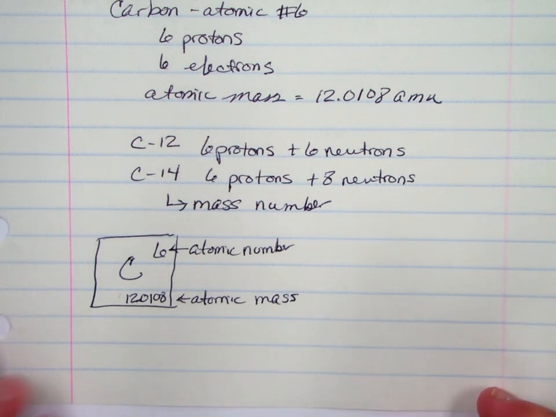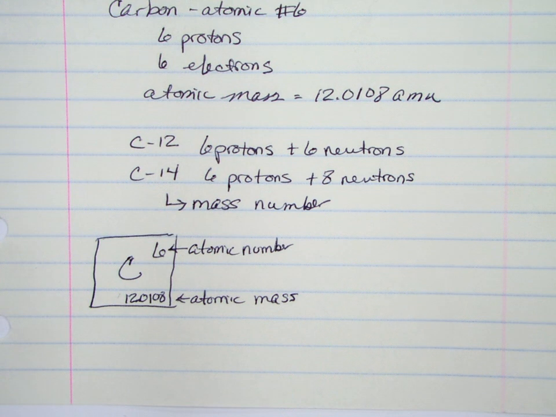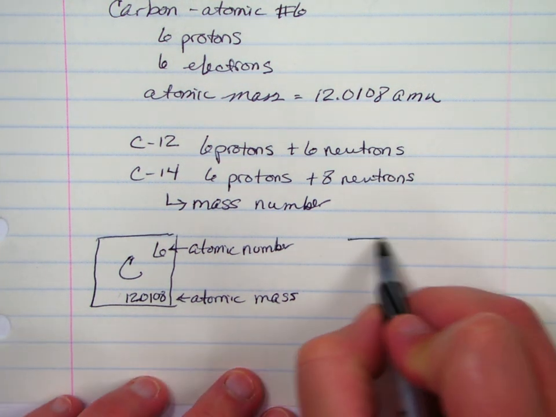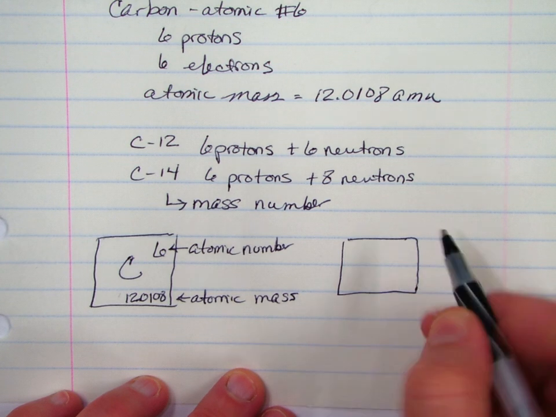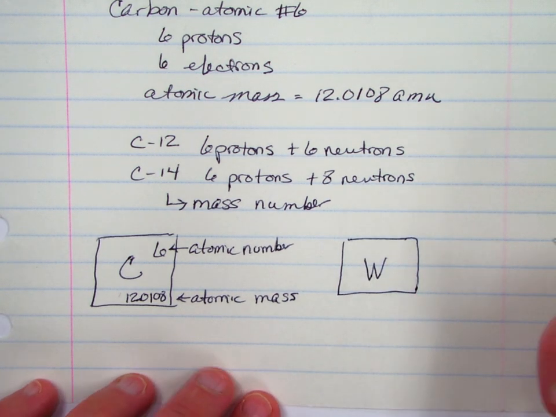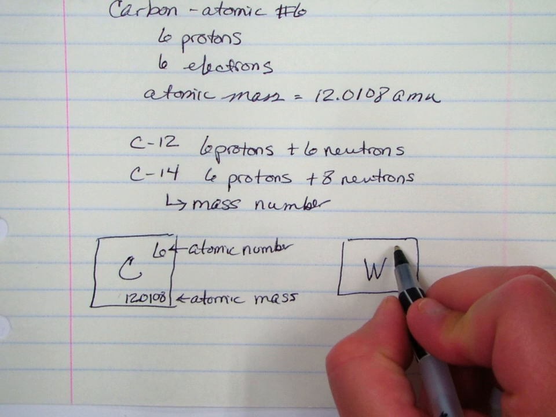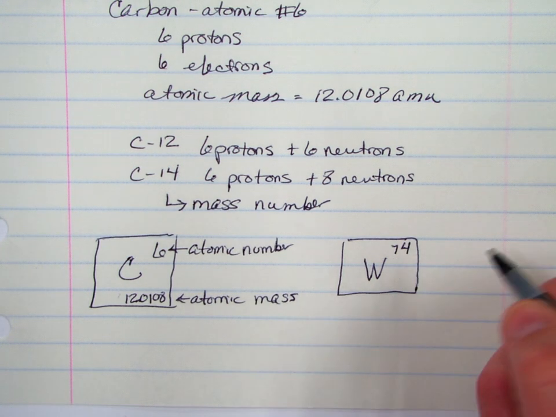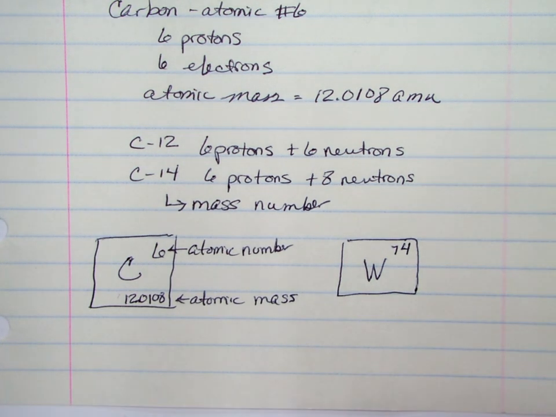Now carbon-12 is not the only one to have isotopes. I'm going to give you another example for you to finish up with. This is tungsten, which is capital W here. Tungsten is atomic number 74, which means it has 74 protons. But we have several varieties.